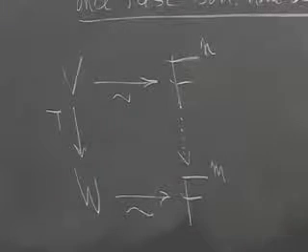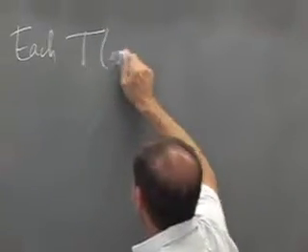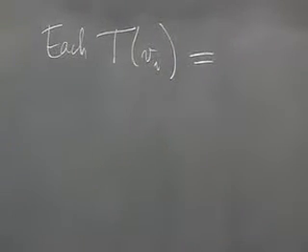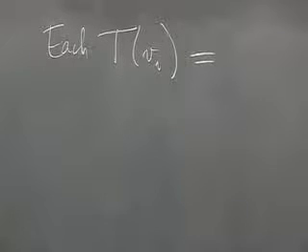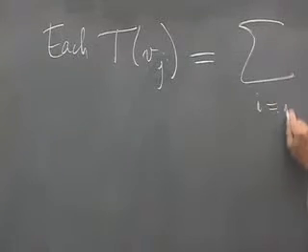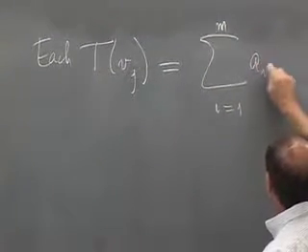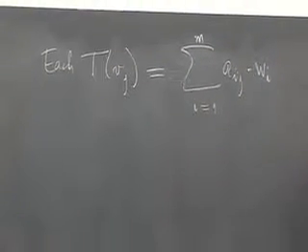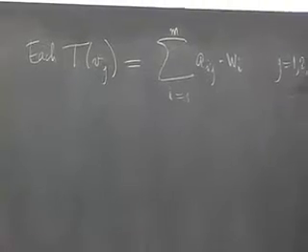Well, let's see what this basis does with a linear operator. If I apply the linear operator T to each vector in the basis of V, I get a vector in W. And I can write it out in terms of my basis of W. So in fact, I'll do it for Vj: T of Vj is the summation, over i equal 1 to m, of aij times wi. And that is for j equal 1, 2, all the way up to n.